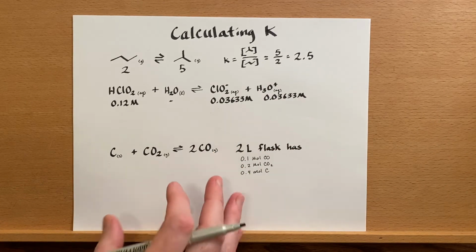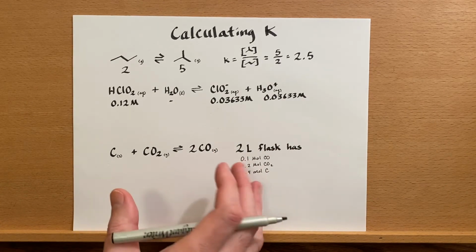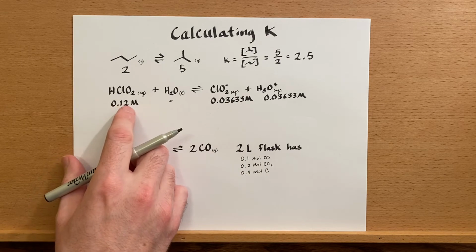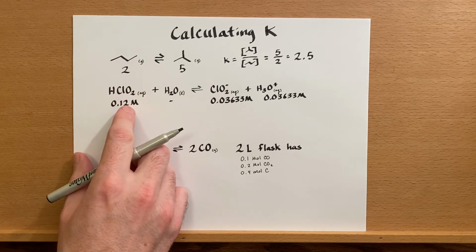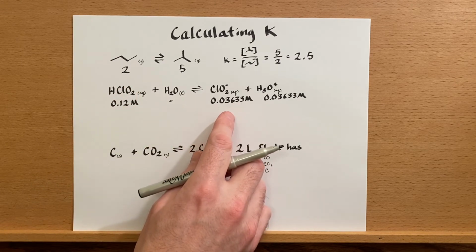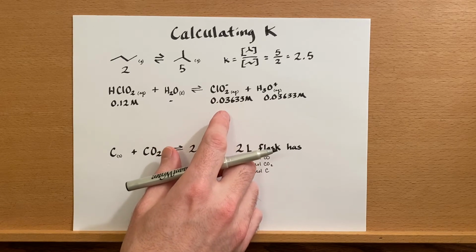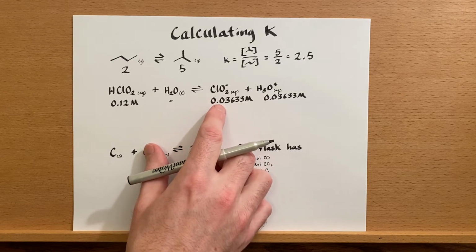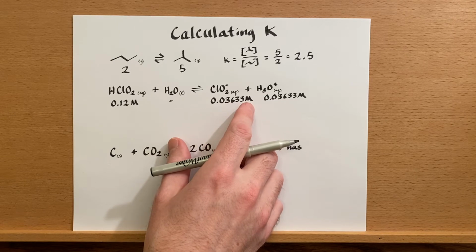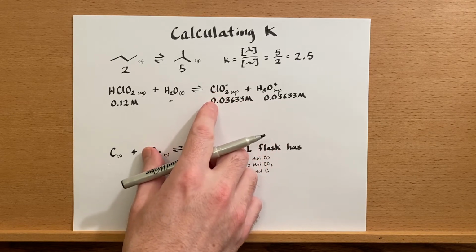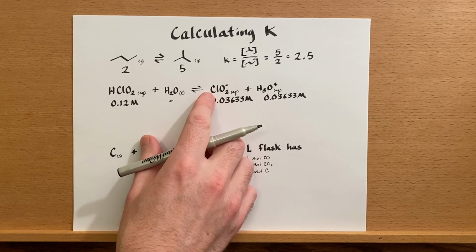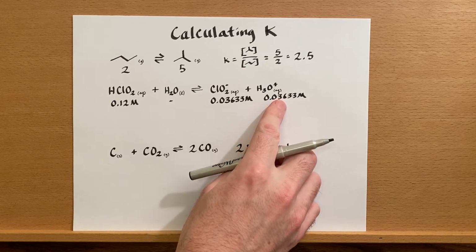And at equilibrium, let's say that we have 0.12 molar of the acid, and then not much of it actually dissociates. It's a weak acid, so we have 0.03633 molar of the corresponding anion and of H plus.